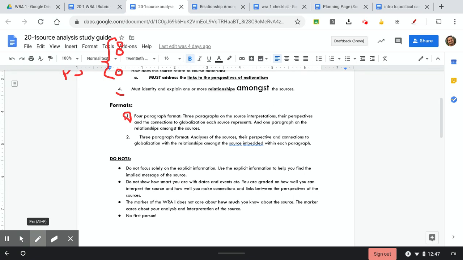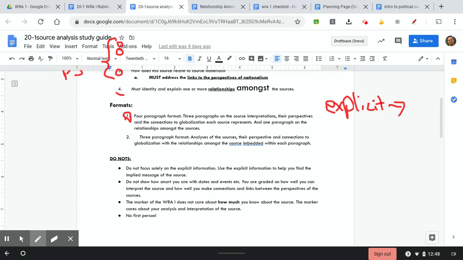You could easily write sentence after sentence describing every single thing you see. However, that is not, in essence, what we're trying to do with a WRA I. What you're trying to do is understand the message. So to get the message, the explicit tells us the implicit.